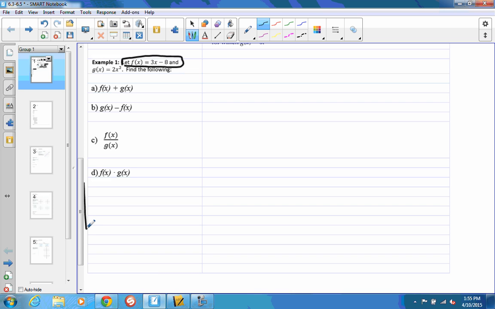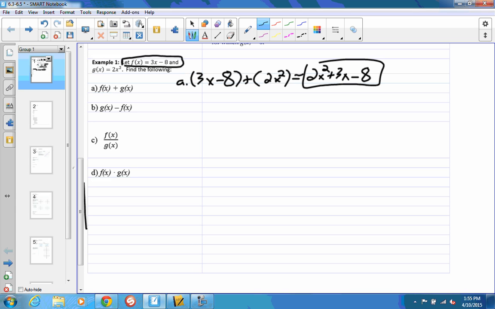F of x plus g of x. All I'm going to do is substitute those in for each of them. So this is pretty easy, right? 3x minus 8 plus 2x squared. Well, that's just put it in standard form and you're done, right? 2x squared plus 3x minus 8. Alright, so there's A done.